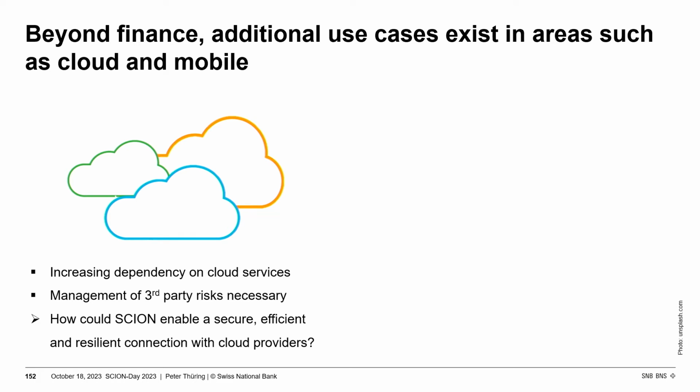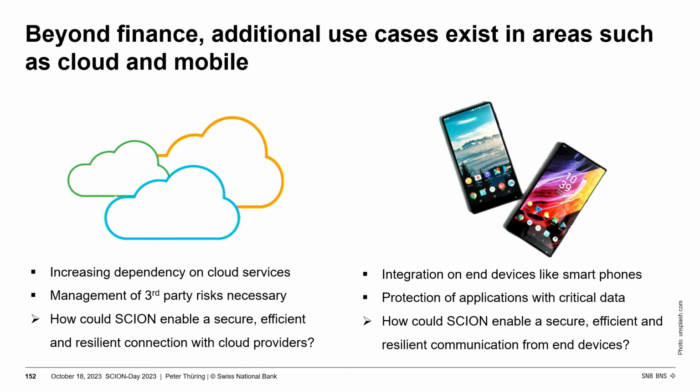In connection with SCION and the providers, the question arises as to how financial institutions can connect securely and efficiently to cloud service providers without having to take on the risk of provider dependency and dangers from the internet.